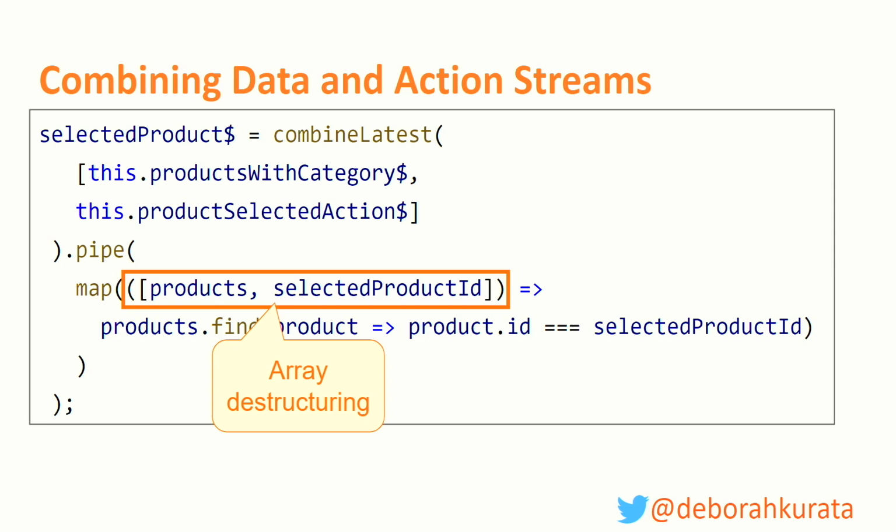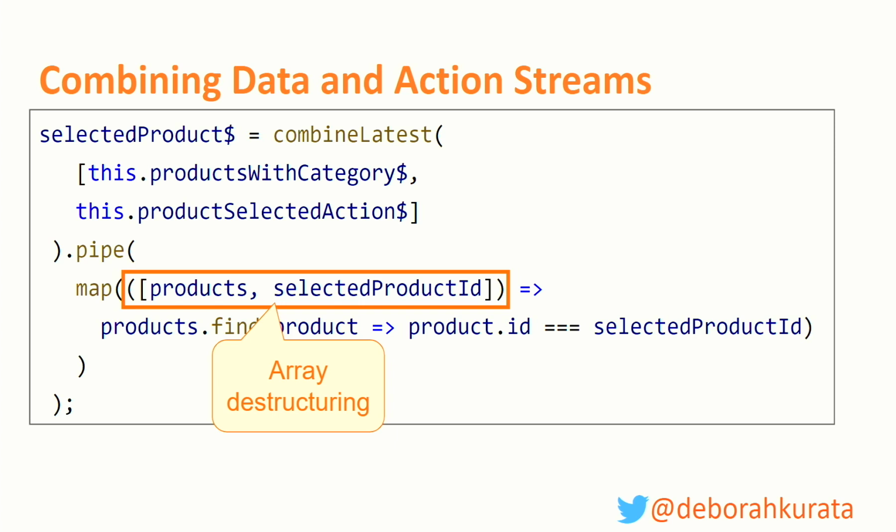So now we have our 2 streams here. What we want to show on our right, that's the right-hand side of the page, is the detail. And we want that detail to include the category, the actual category string, not the category number. So we're going to use our products with category stream, the one that we've already gotten that category mapped correctly for. And we're going to use our action stream, the productSelectedAction.